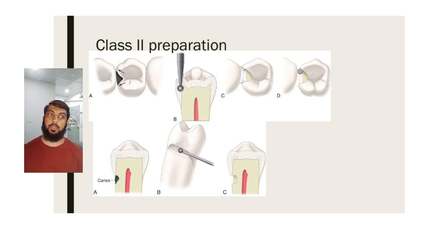Another type of diagram here shows that if the marginal ridge of the tooth, the distal or mesial marginal ridge, is intact and not carious, and the caries you found is near the cementoenamel junction or on the root, you are going to use the slot preparation.